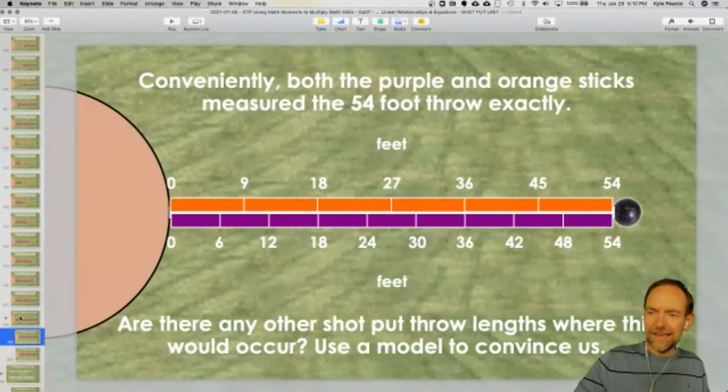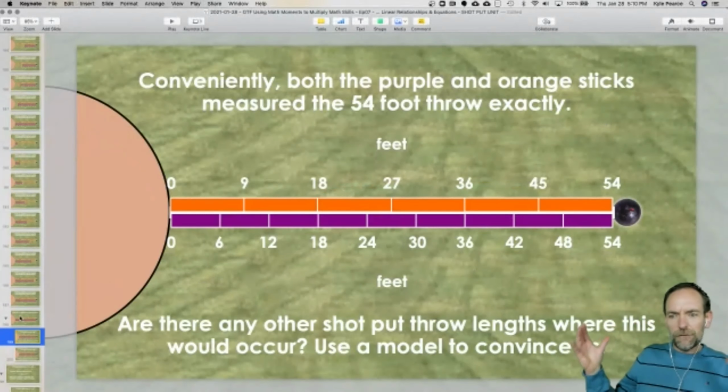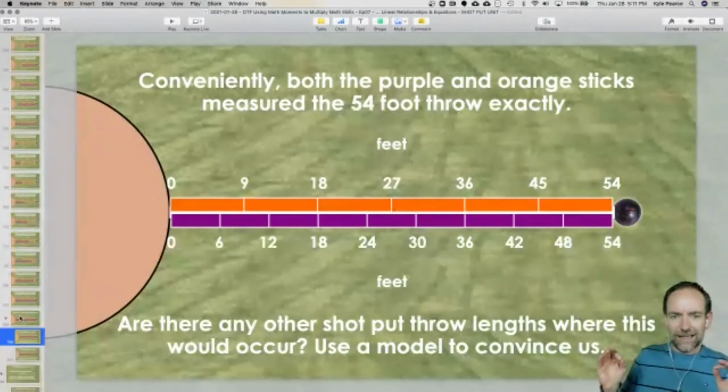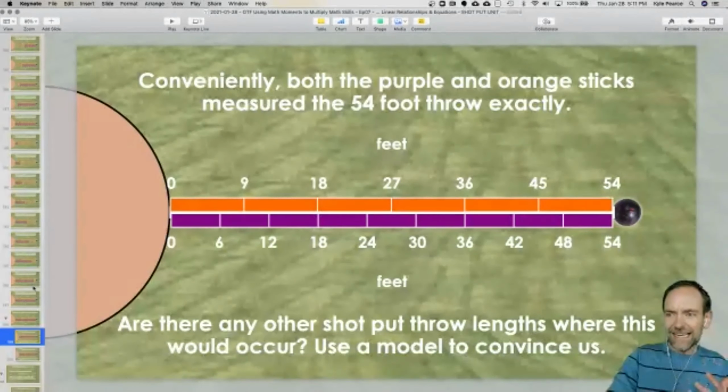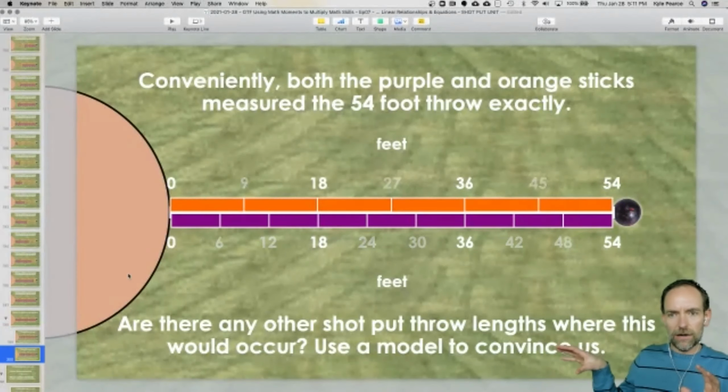We say, if both of these measuring sticks could measure 54 feet exactly, are there any other shot put throw lengths where this would occur? Use a model to convince us. So you can see up on the screen what we're hoping kids can come back with is this idea that, wait a second, there's a relationship here that they will meet, like 3 purple sticks for every 2 orange sticks will maintain that proportion.